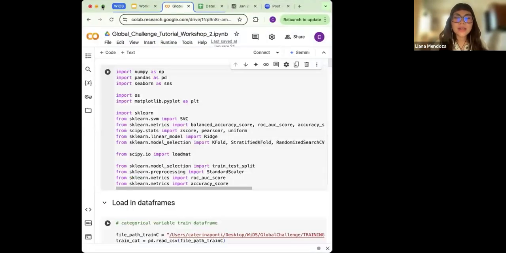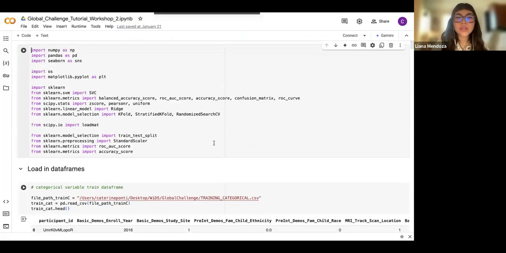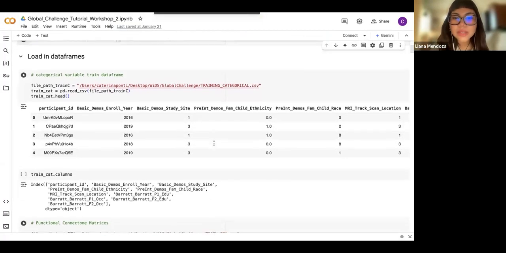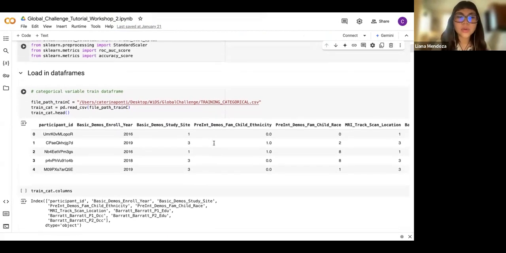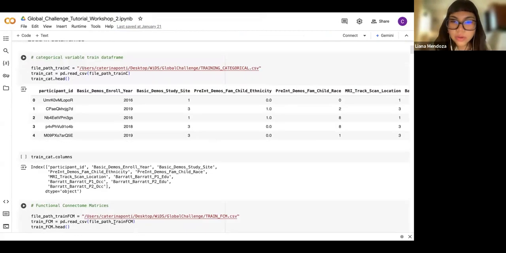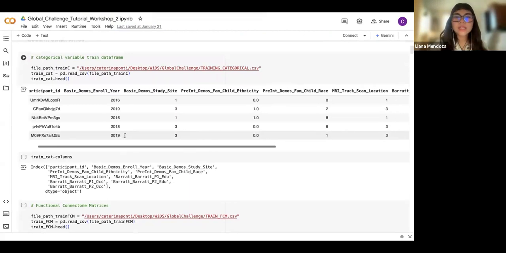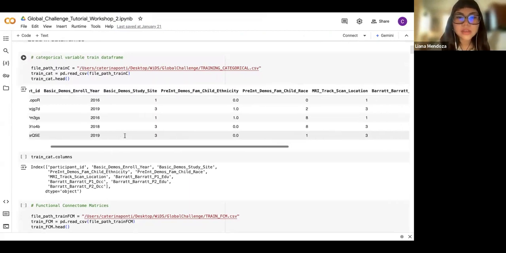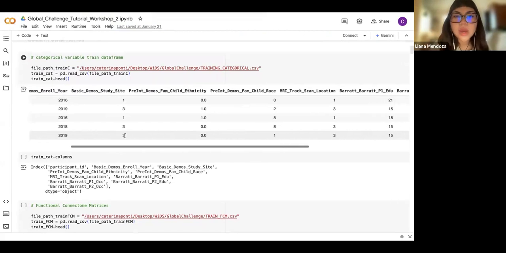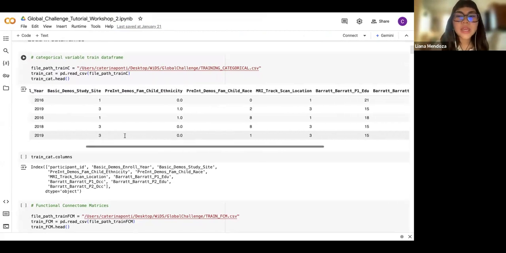Okay, now we'll be talking more about loading in the data frames. As you can see here, first, we will be loading in the categorical data frame. These are the column titles and also, sorry, the variables within the categorical data frame.